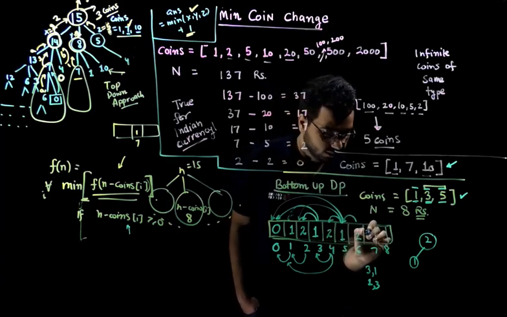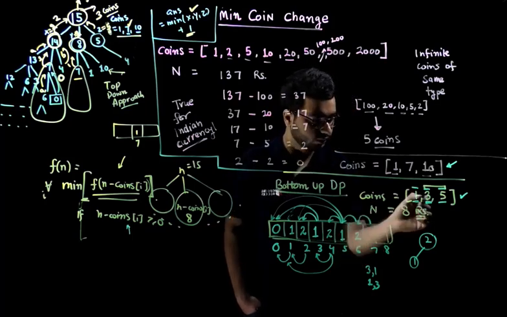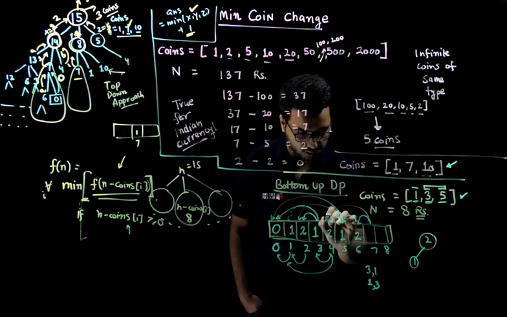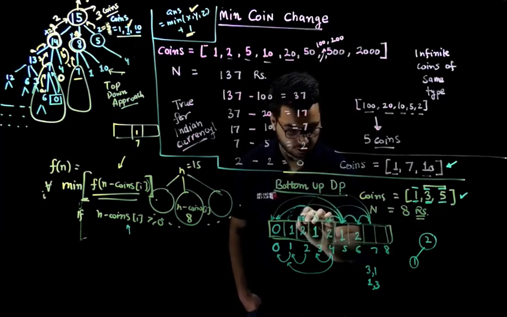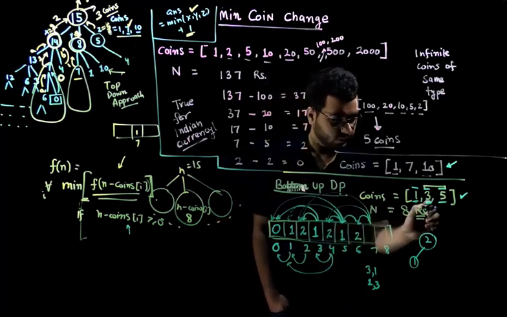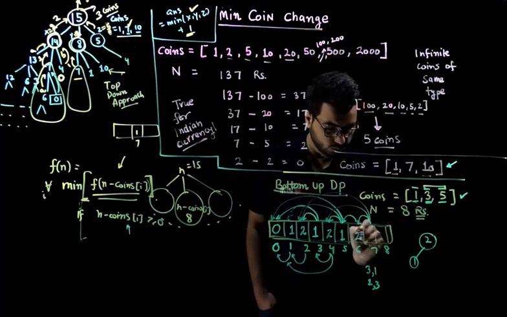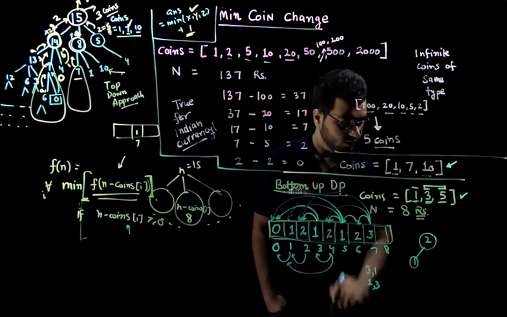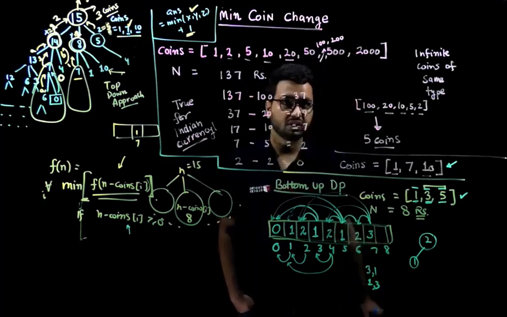For 7, you can go to 6, you can go to 7 minus 3, which is 4, and you can go to 7 minus 5, which is 2. So the best would be if you go to 7 minus 5, which is 2, plus 1, which is 3. So in order to make 7, you need 3 coins.